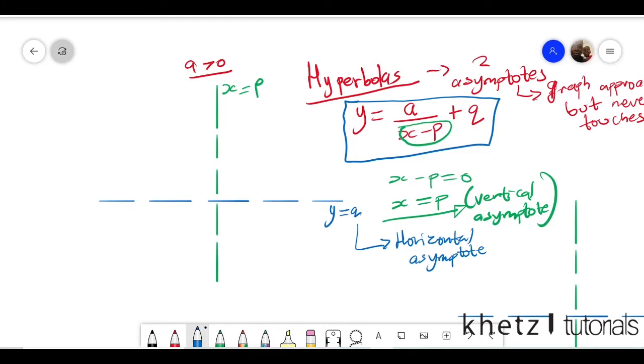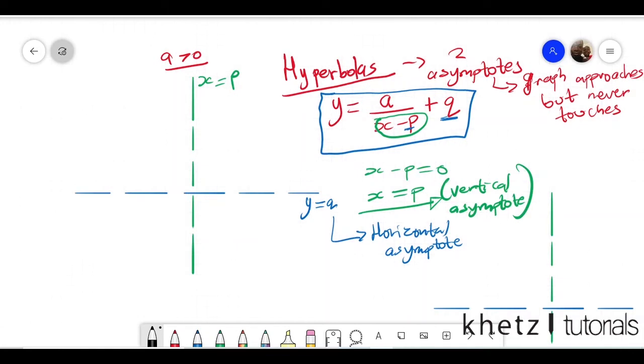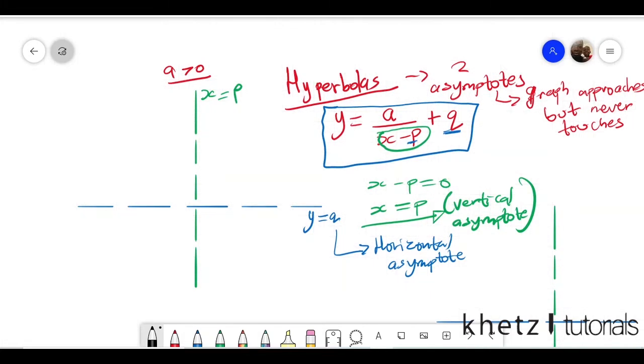We now have the roles of both p and q, and now I was about to explain the role of a. The only thing that's left to explain is a, because we know that p gives us the vertical asymptote and q gives us the horizontal asymptote. Just to draw this, you see that the graph approaches but never touches either of these lines because they are asymptotes.